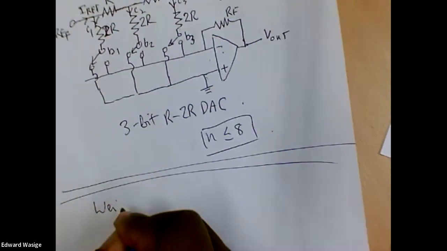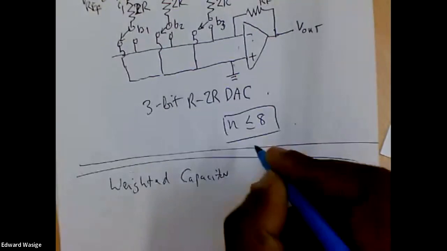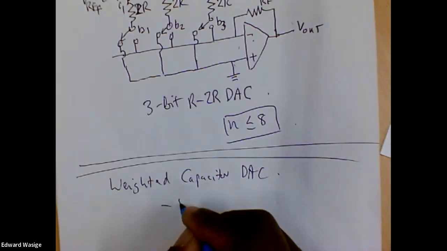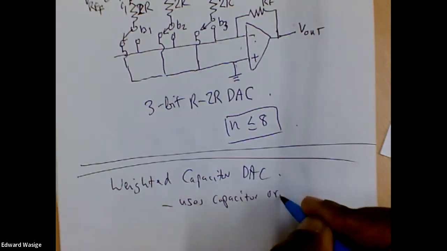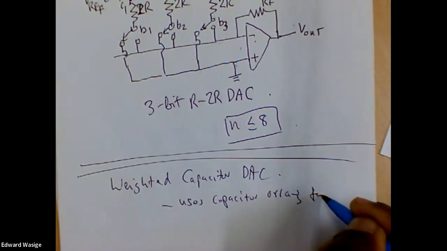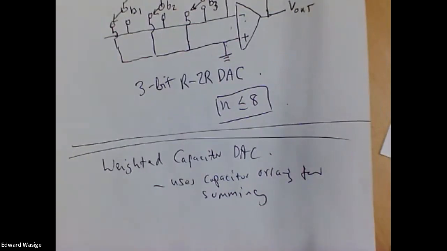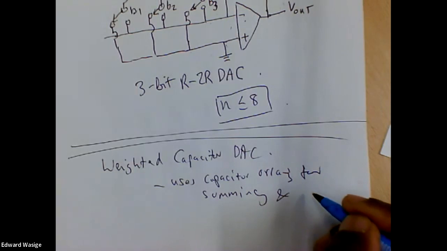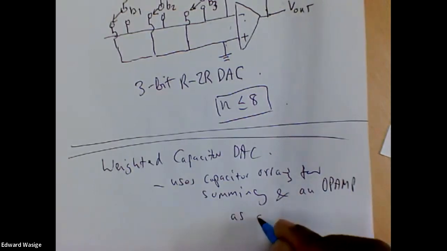So, weighted capacitor DAC. It uses a capacitor array for summing and an op-amp as a buffer.